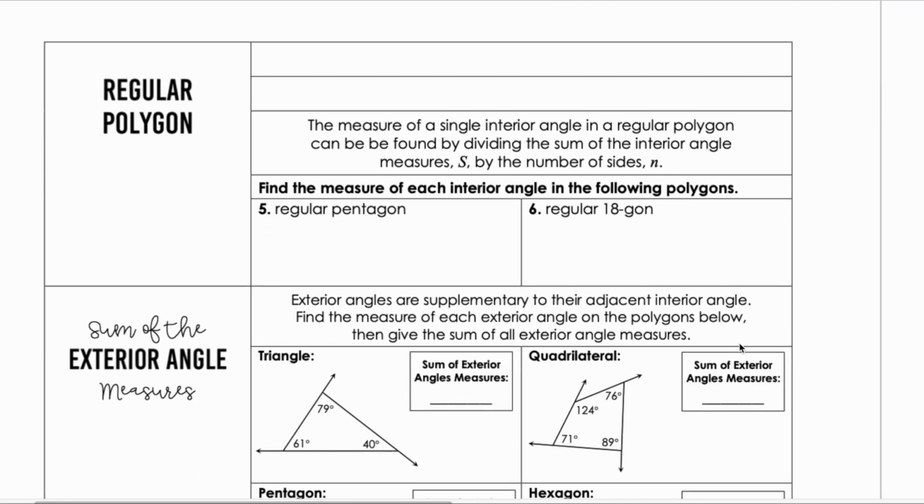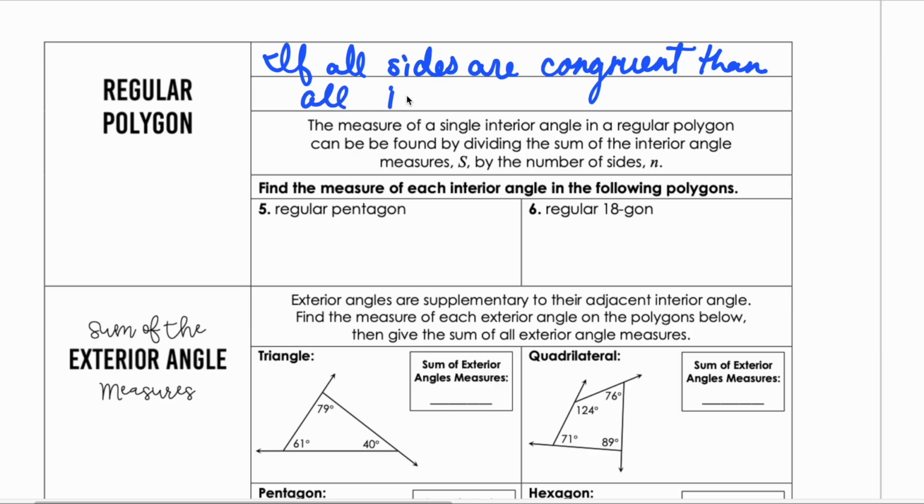So let's look at a regular polygon, right? A regular polygon has very specific parameters. A regular polygon states that if all sides are congruent, then all interior angles, or I should say, then all angles are congruent as well.